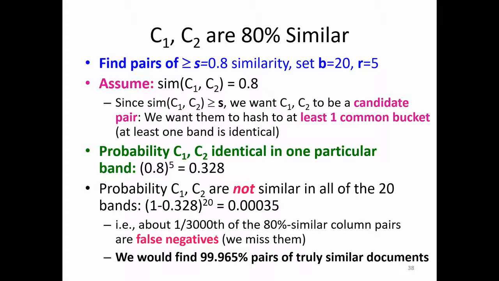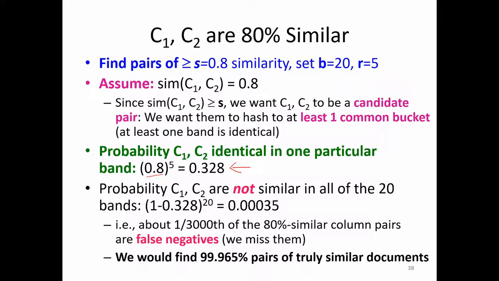The chance that for each band of 5 integers, they are going to be identical is 0.8 to the power 5, because each one has to match, and the chance of each min hash signature matching, as we have established, is 0.8. The probability of signature matching is the same as the similarity between the actual documents.